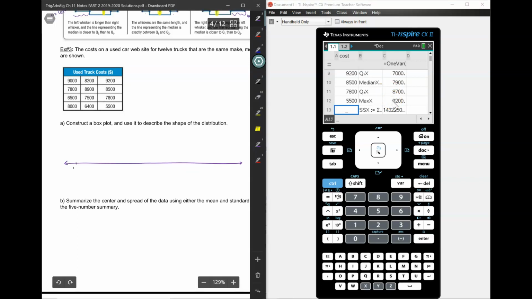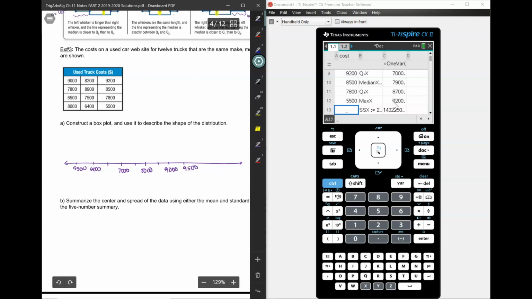So here I'm going to go from 5,500 to 9,500, and I'm going to go by 500s here. So 5,500, 6,000, 6,500, 7,000, 8,000, 9,000, and 9,500.